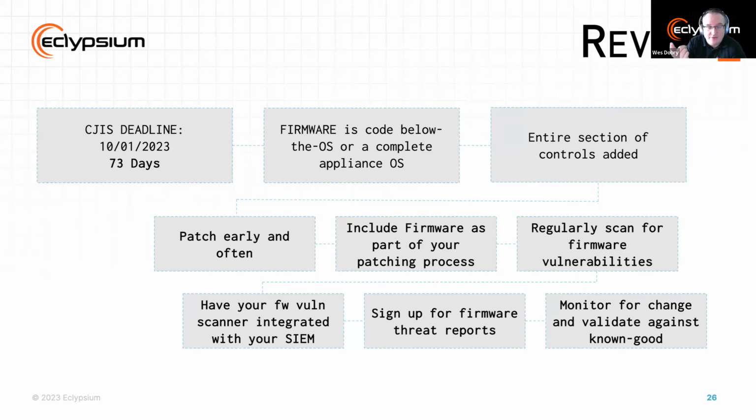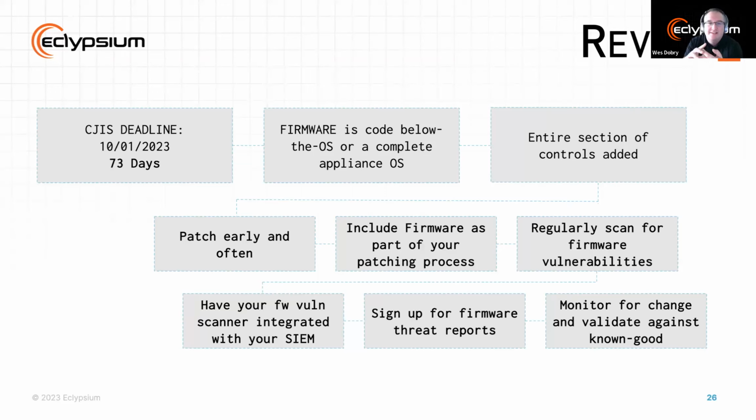Firmware ultimately is defined as anything really below the OS or the operating system on a network appliance. Within CJIS 592, an entire section of controls were added that really focus on the patch management related to firmware, vulnerabilities within firmware, and ultimately integration of those components with your enterprise security solutions.